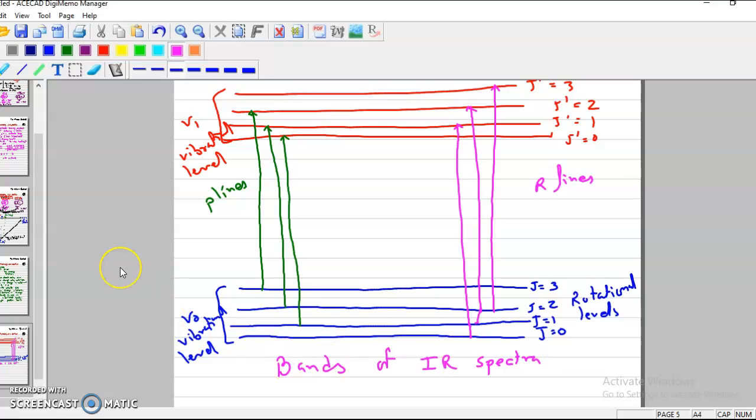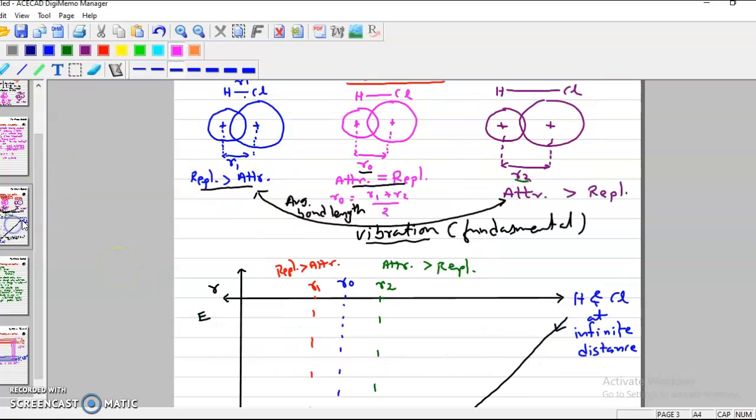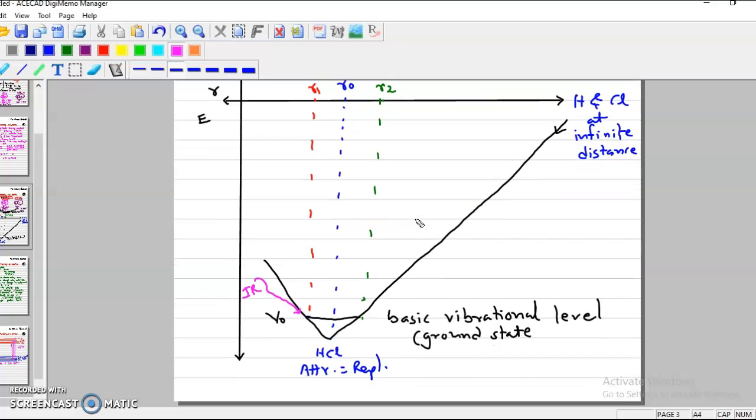Okay, so when a molecule absorbs IR radiations, what happens? This molecule will reach from the V0 level to a new level, which is called V1. This is V1, it is an excited vibrational level. Okay, and there molecules have different distances.